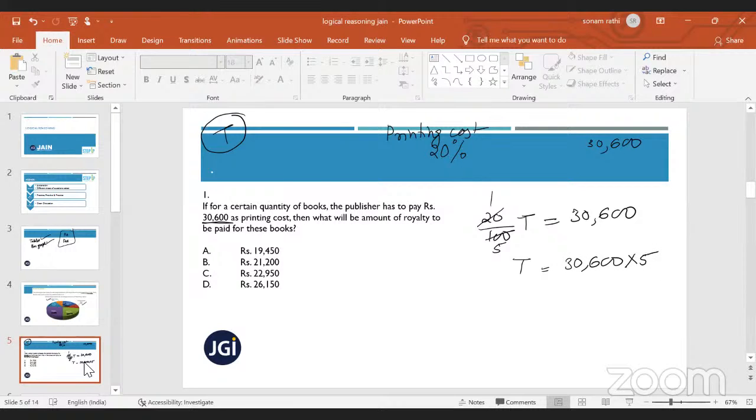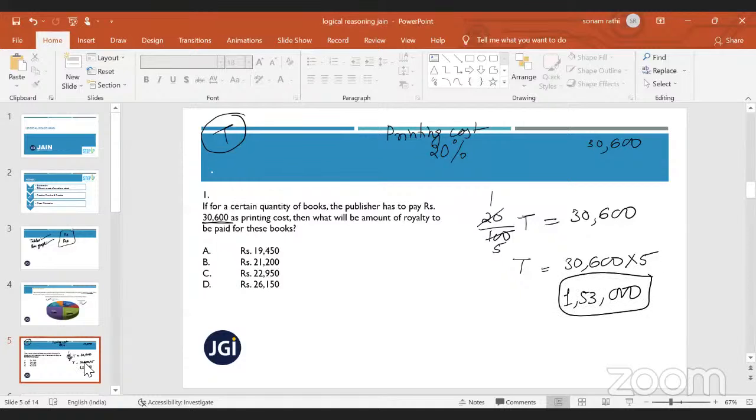Calculate it. If I calculate 30,600 into 5, I will get 1,53,000.